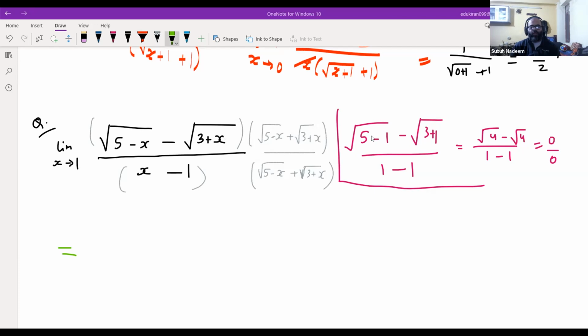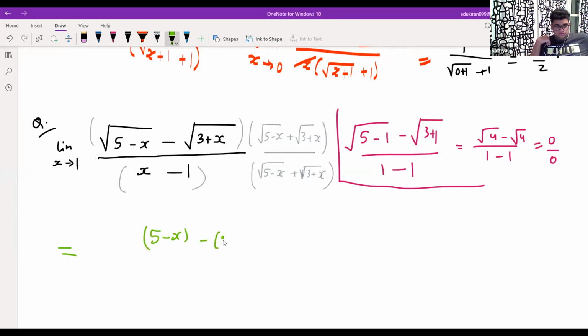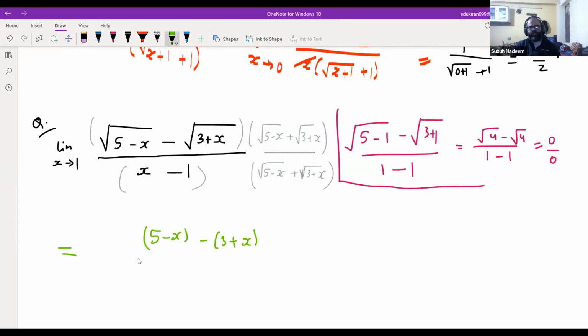Yes, Sathya. Can you just tell me what is the next step? What have you got in the next step? 5 minus x minus 3 plus x, by x minus 1 into (root 5 minus x plus root 3 plus x).